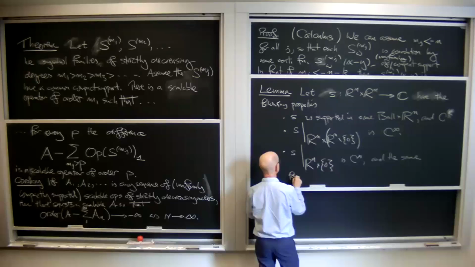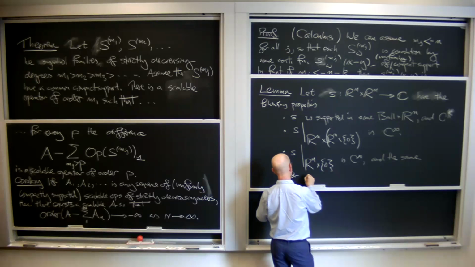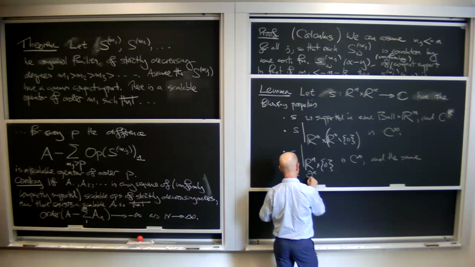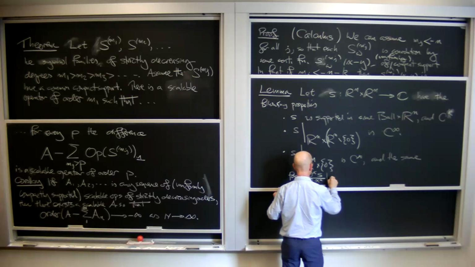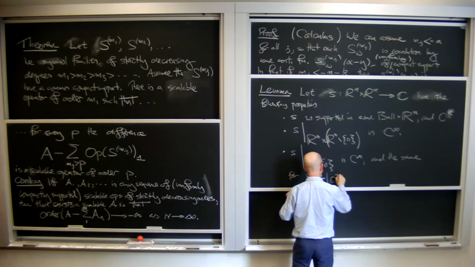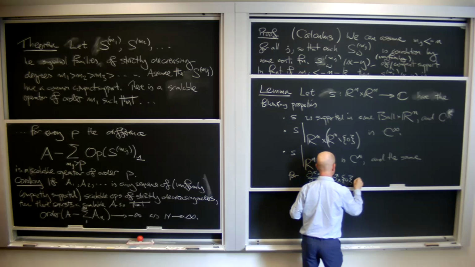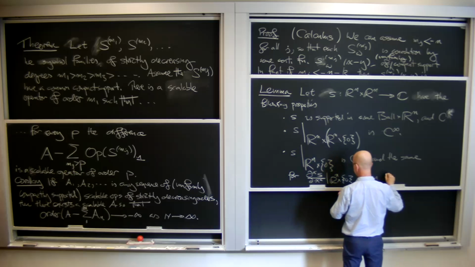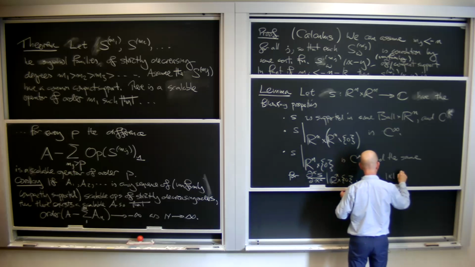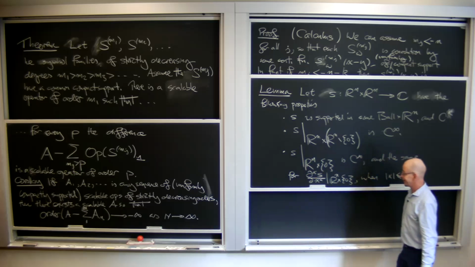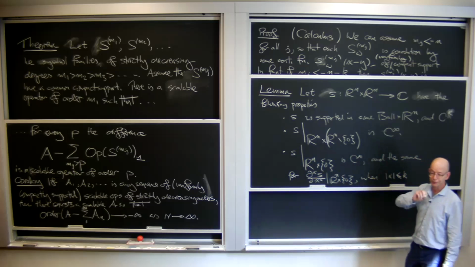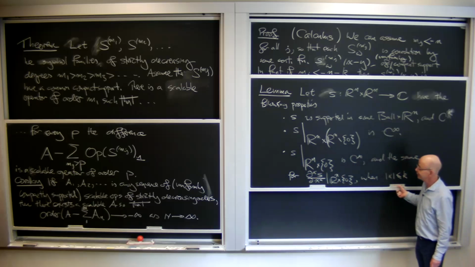I'm running out of room here, unfortunately. The same is true if you take any partial derivative, as long as alpha is not too big. After all, it's only k times continuously differentiable, so you shouldn't attempt to differentiate more than k times.